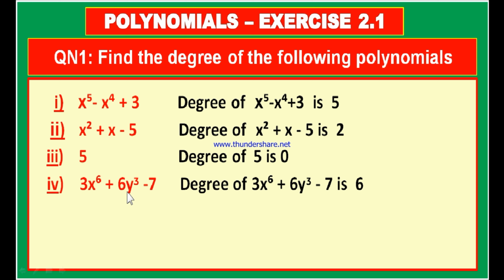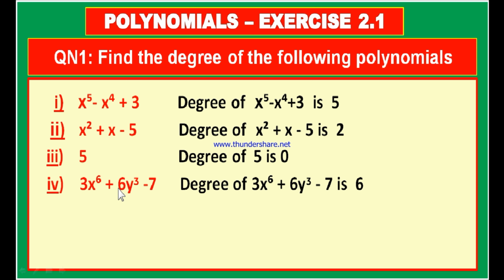One is x and the second is y. There are 2 variables. Understood? There are 3 terms and 2 variables. Okay, whatever the number of variables, you go for the exponents. You verify the exponents. In the first term, the exponent of the variable is 6. And in the second term, the exponent of the variable is 3, and in the third term, the exponent of the variable is 0.